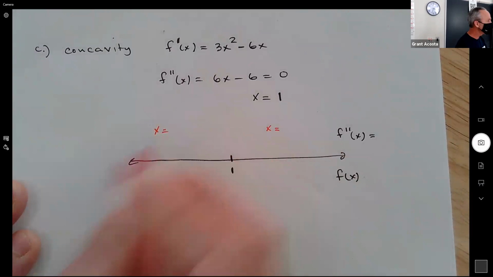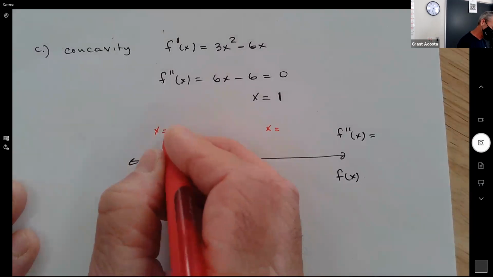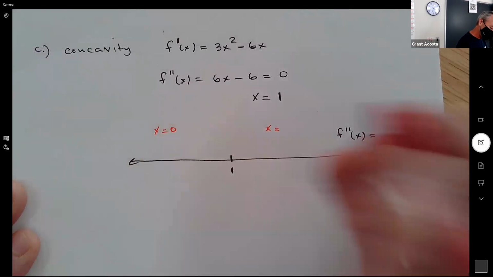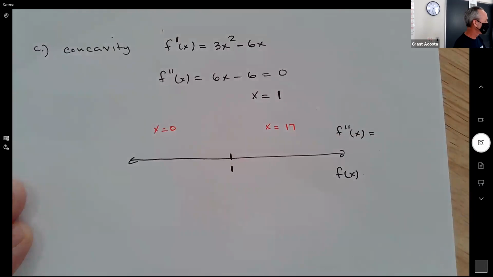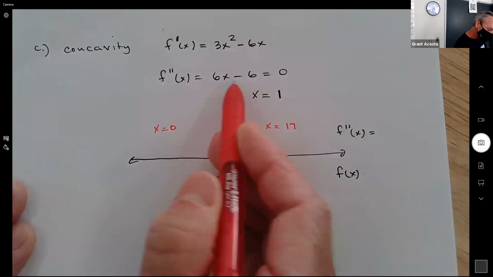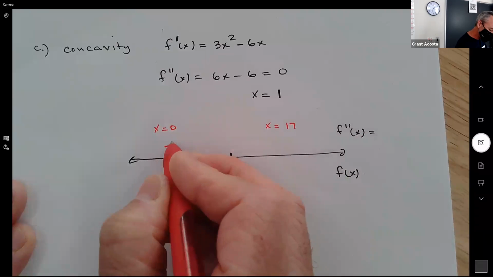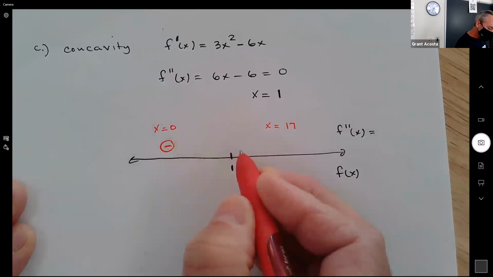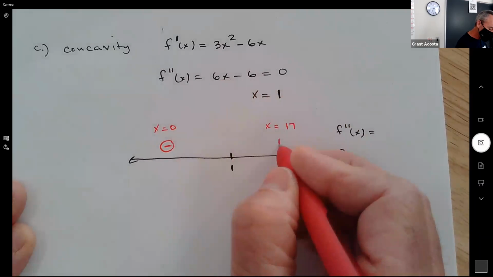Something less than 1, how about 0? Something bigger than 1, I don't know, 17. Any number bigger. If x is 0, my second derivative is going to come out to be negative. And if x is 17, 6 times 17 minus 6 is clearly positive.